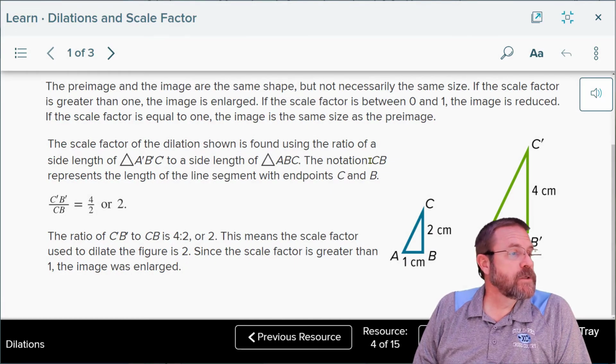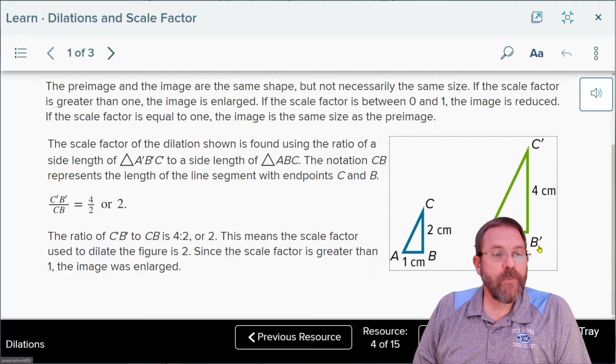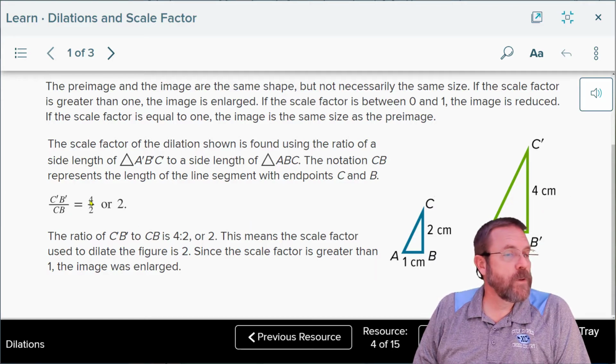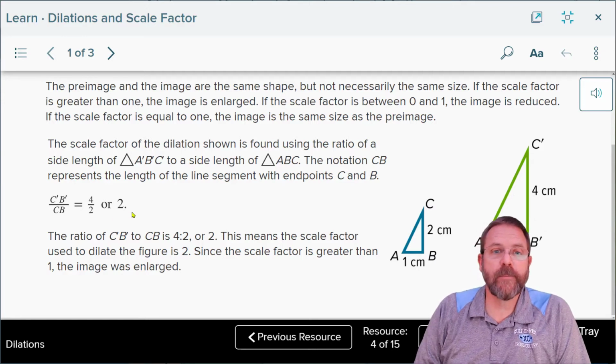The notation CB represents the length of line segment CB. So C prime B prime had a length of 4 that you see right here. CB had a length of 2, you see right here, and that means the scale factor, 4 divided by 2, is going to end up being 2.